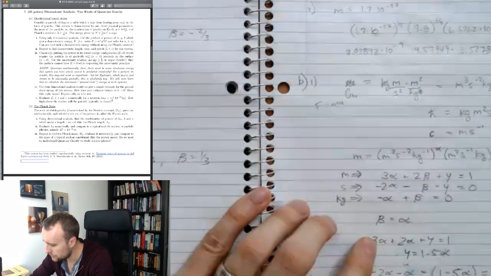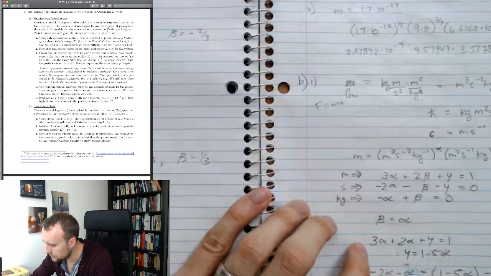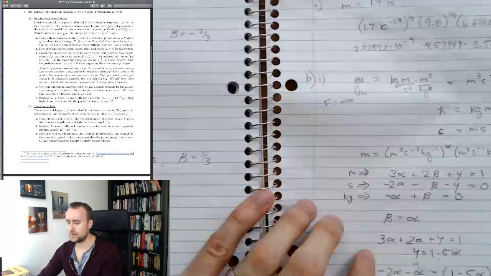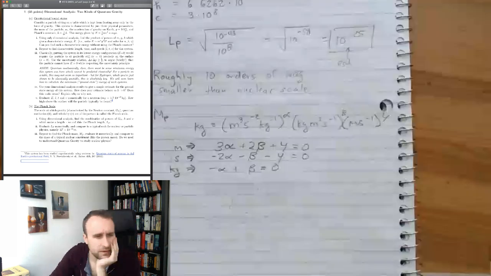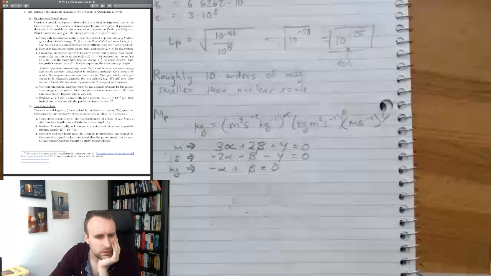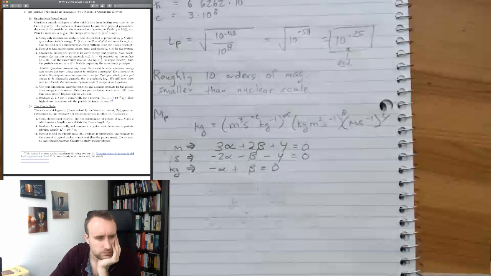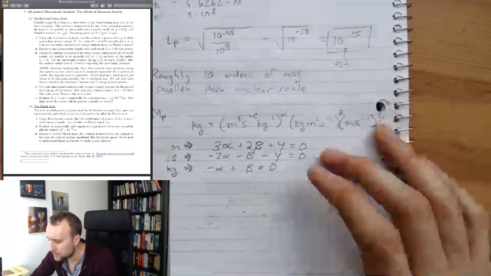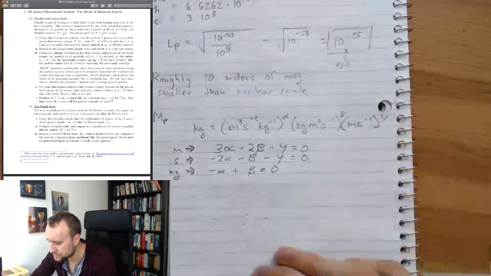Minus 3. So this analysis is saying I can't find it from that scale. But that seems to be wrong. I must be missing something here. I must have made a mistake.